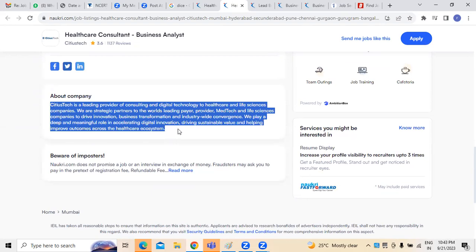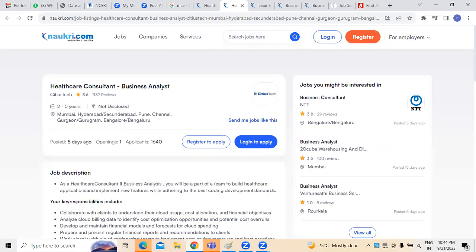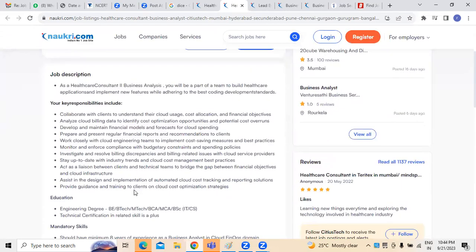Because company to company, based on the experience and the company they belong to, the roles of a business analyst will slightly vary. Common points remain constant; the remaining areas will have a difference. Did you get my point clearly?